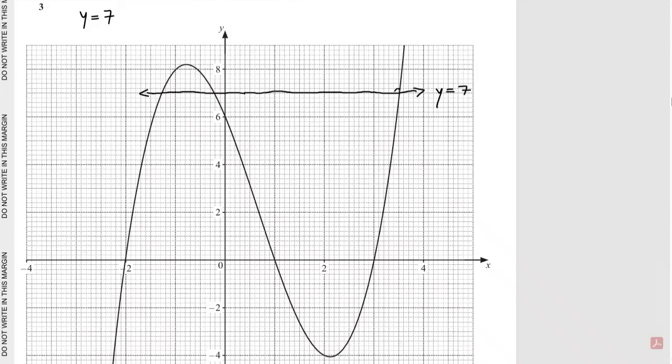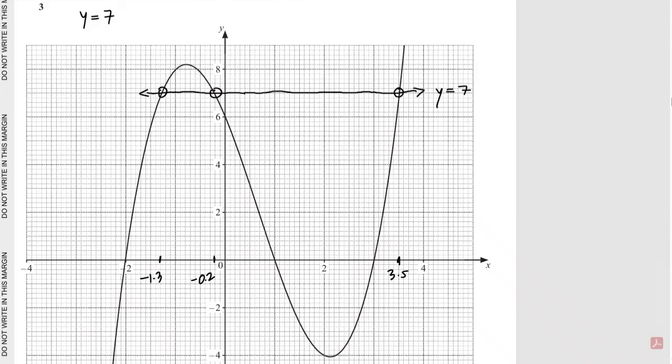So let's see, where does it intersect, right? I have here about -1.3. And this point is -0.2, right? And this point is, sorry, +3.5.